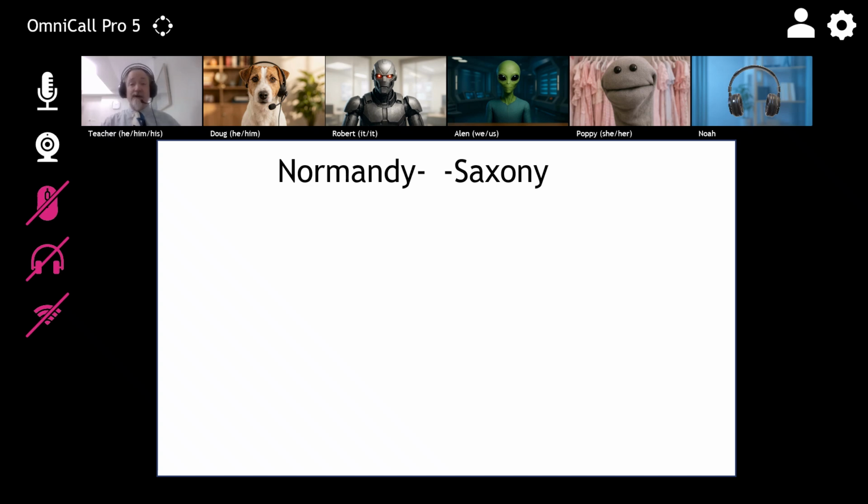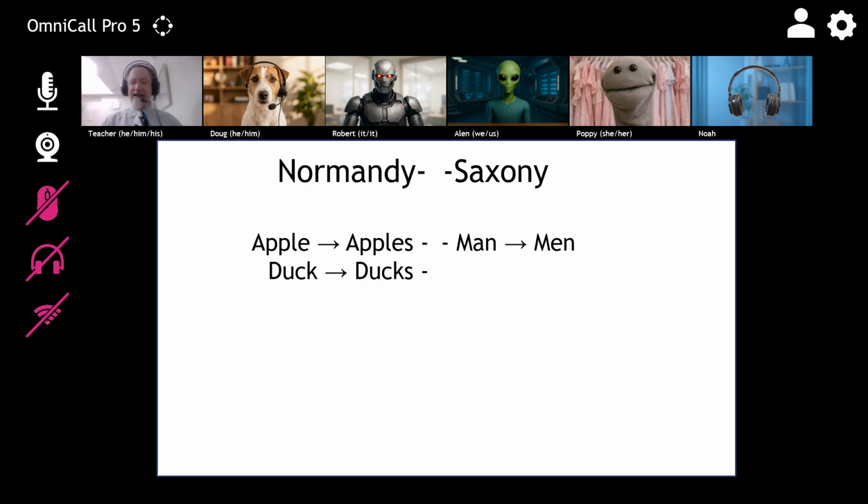Difference isn't just sound. Grammar rules for the two languages were different too. English kept both systems. Norman would change words by adding a new sound to the end. As example, apple, apples, duck, ducks. You add the sound at the end of the word. Saxony, in contrast, didn't add anything at the end. They changed something in the middle. Man to men, foot to feet.